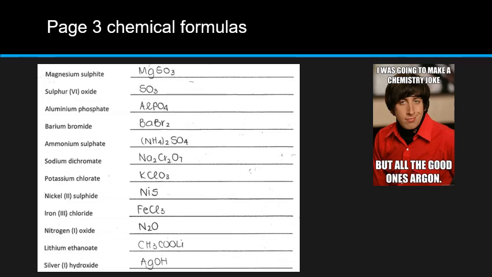So don't stress about this one. Then we have silver 1 hydroxide, and in this situation, it's just perfectly balanced, no problem whatsoever. So please pause this slide if you haven't checked your answers yet, and then we'll carry on to the chemical equations portion of the video.